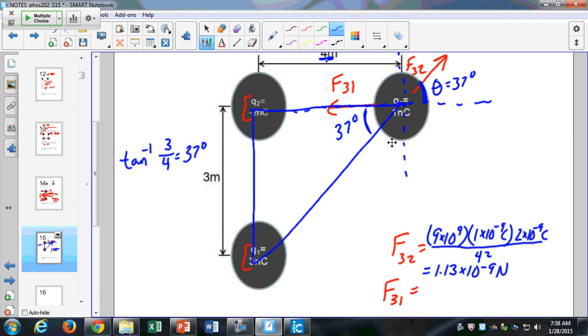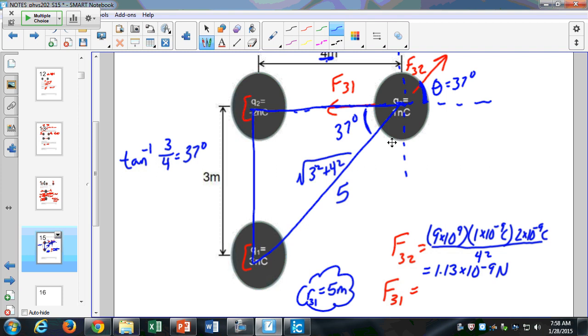And then if you find F31, with the thought here that R for F31 is equal to 5 meters, because this is a 3, 4, 5 triangle. But again, if you forget that special triangle, of course, you can do the square root of 3 squared plus 4 squared.